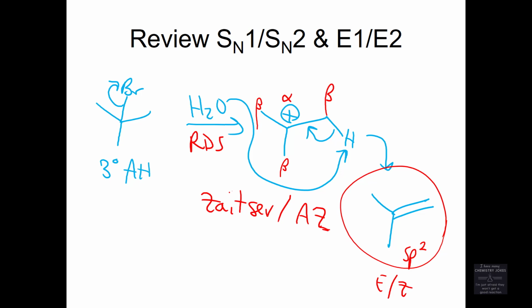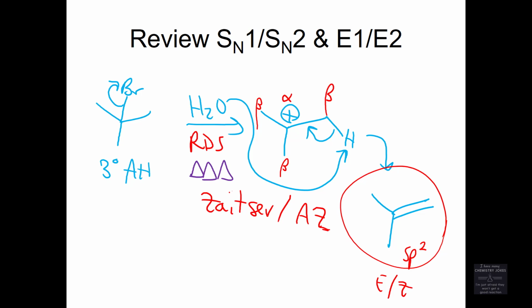So like I said, we will get SN1 and E1 mixtures, but we have also said that one thing you can do to kind of promote elimination over substitution is crank up the temperature. If you heat this reaction, the entropy favors elimination over substitution.